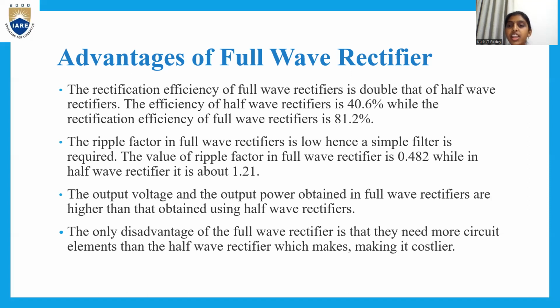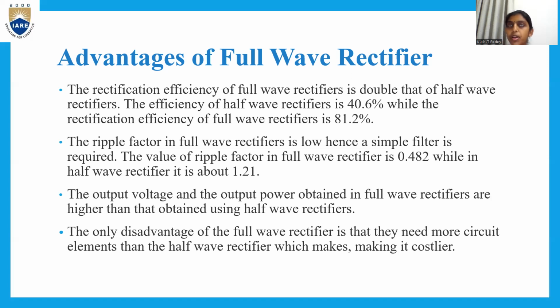And generally, rectifier is nothing but conversion of AC signal into DC signal. So the process of conversion of AC signal into DC signal is called rectification. Generally, the AC signal which you are giving as input is very high. So the first step is to convert that high voltage AC signal to low voltage AC signal. To convert this, you're going to use a step down transformer.